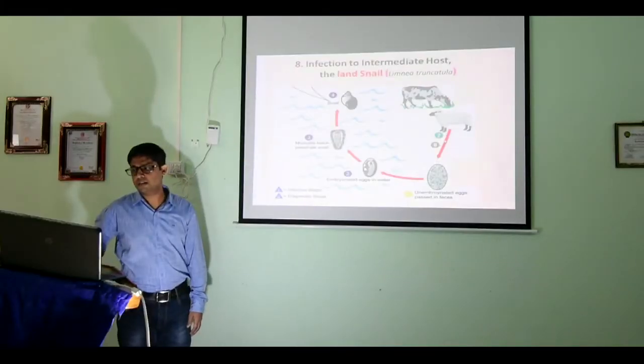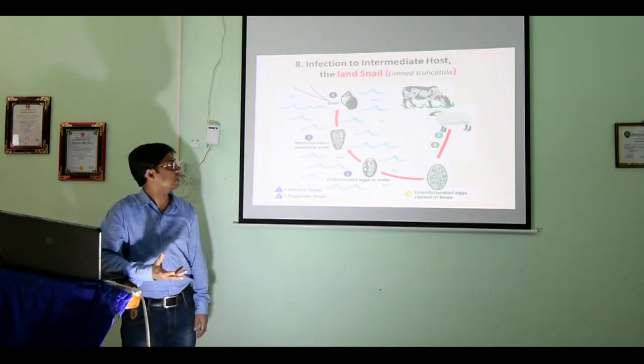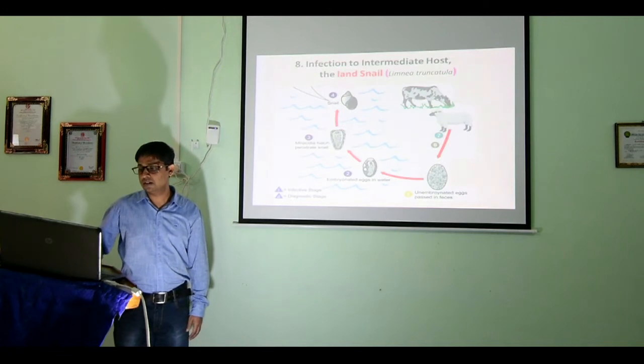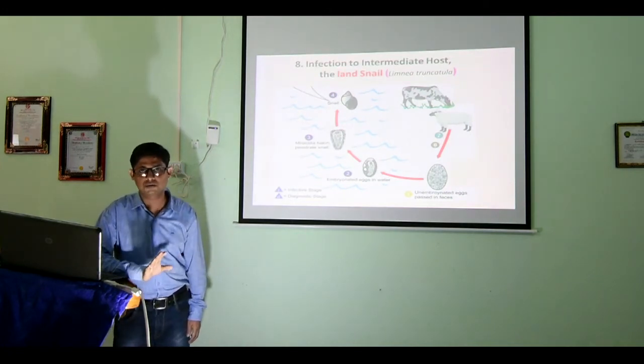Now the fertilized egg will be developed into miracidium larva. The miracidium larva is free swimming. It will swim to search the intermediate host, that is the land snail. During its life, the miracidium larva does not feed.